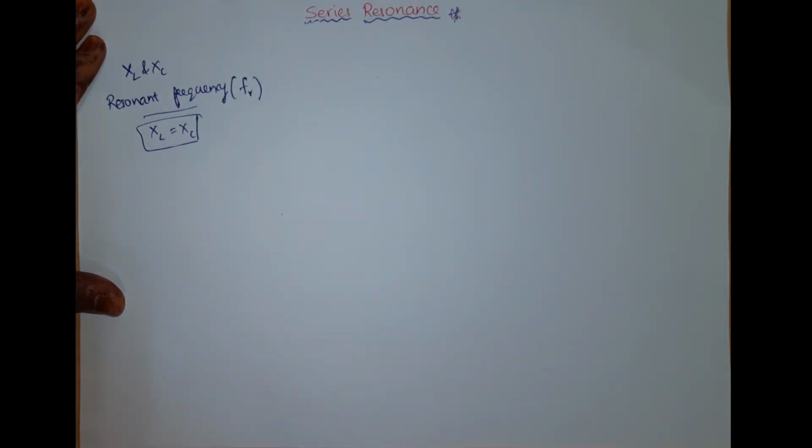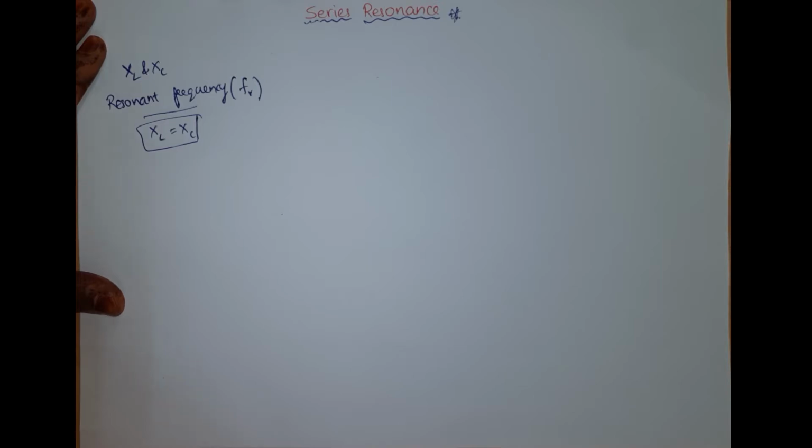Series resonance is one of the most important circuit concepts used in electrical and electronic circuits. It can be found in various forms like AC mains filters, noise filters, and also in radio and television tuning circuits, producing very selective tuning circuits for receiving different frequency channels.